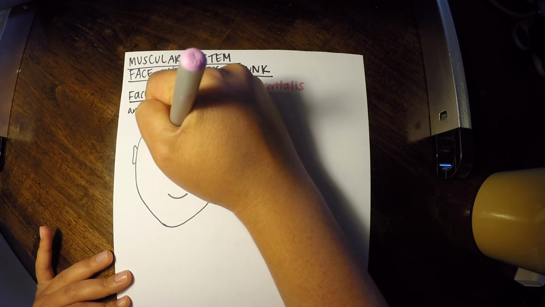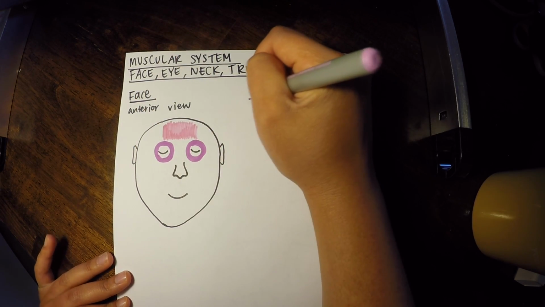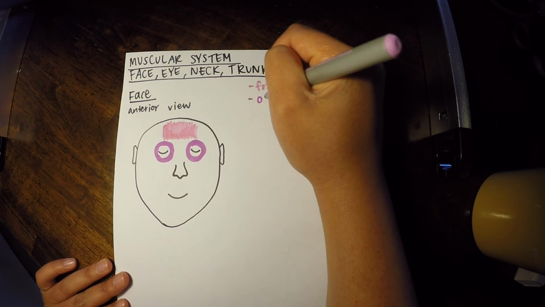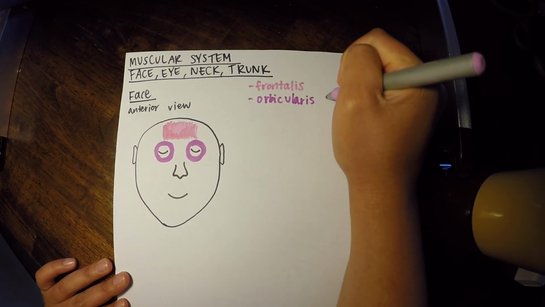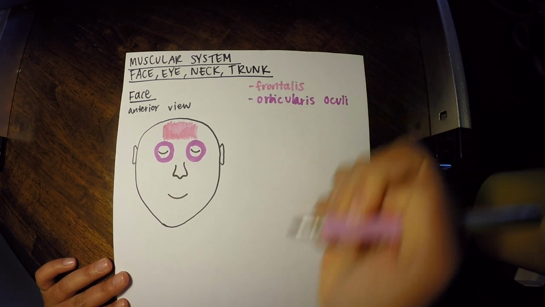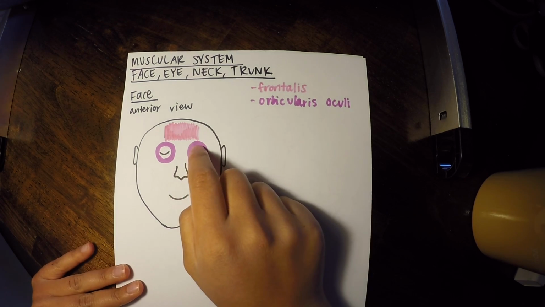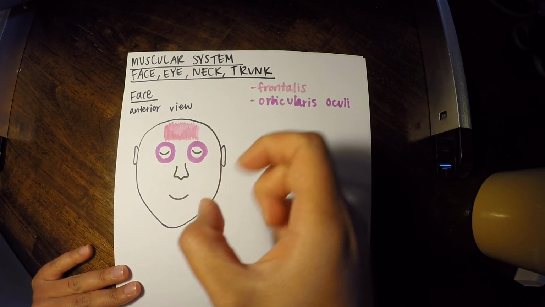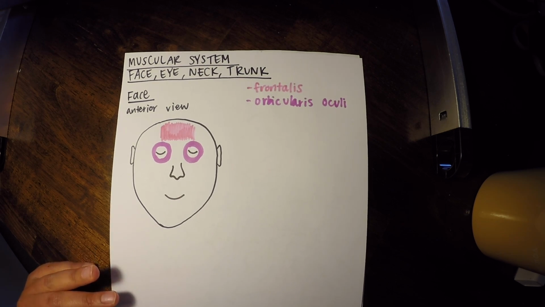Whenever there's the word orbicularis, it always means orbit or circular. So again, orbicularis oculi. And the action of that muscle, as you can see, is it's all around the eye. So when it contracts and shortens, it's going to close the eye to help you basically blink.